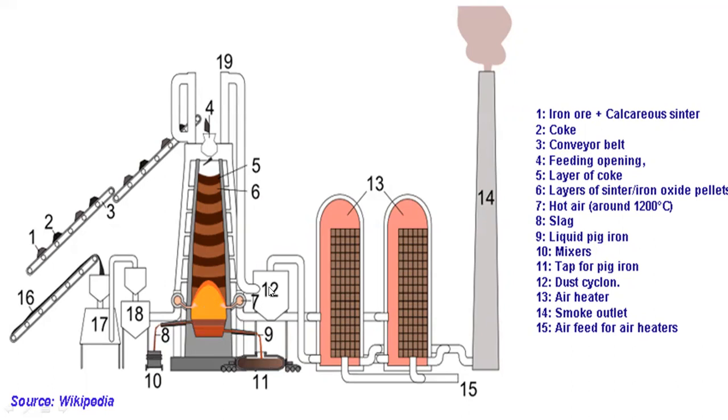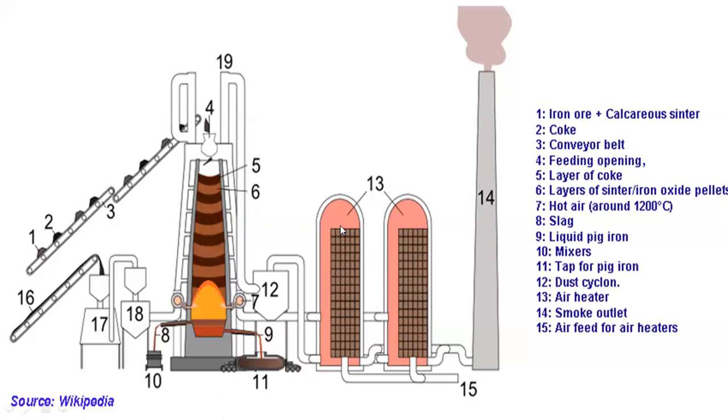Then 12 are the dust cyclones, basically to remove the dust that is coming from here. Then 13, these two are the air heaters, and number 14 is the smoke outlet chimney. We have the checkers here.